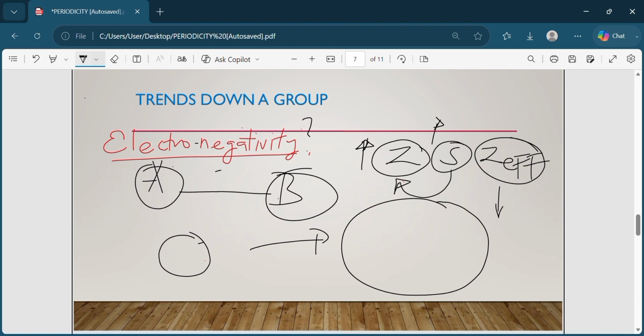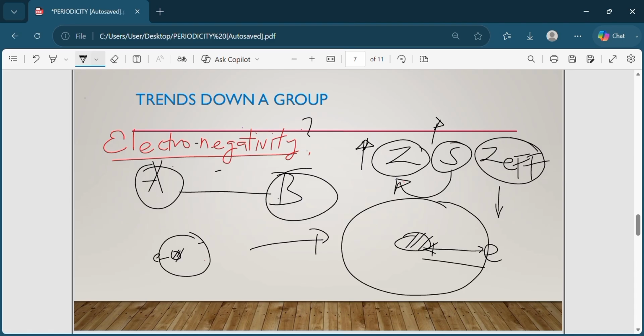So if we have the electron being very far away from the nucleus like it is in this atom, this atomic radius is so much bigger, whereas with this electron, it is so small.